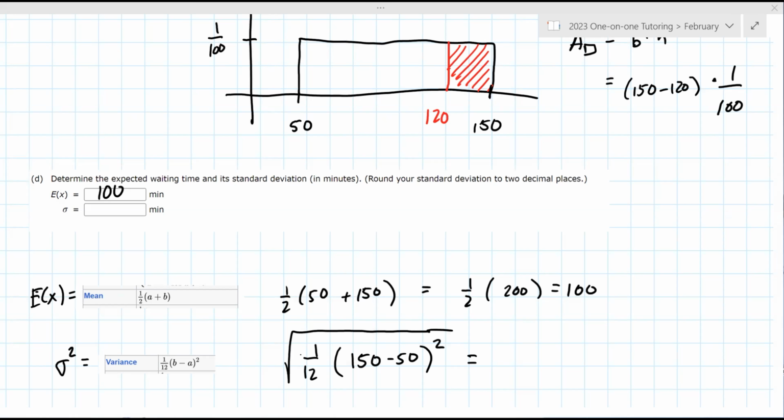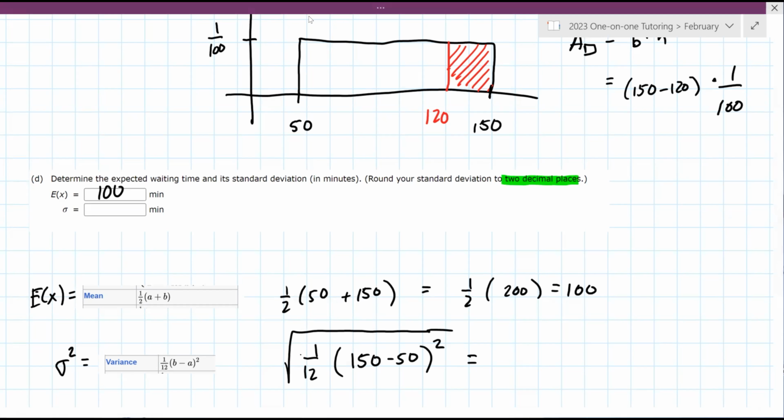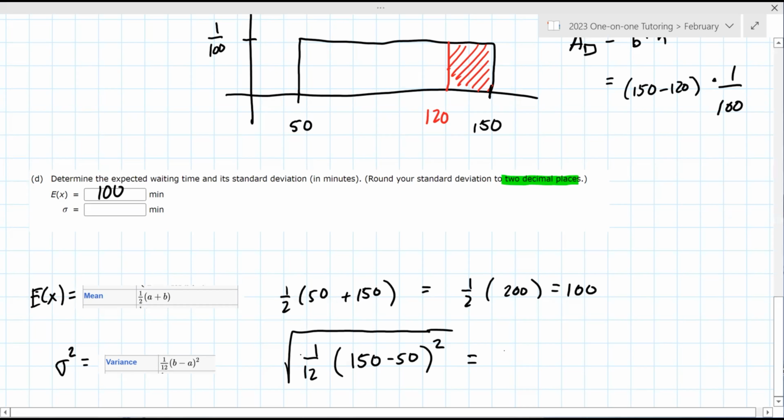All right, I'm typing it in right now. Let me see if my calculator's charged. Okay, I'm having trouble with that one.